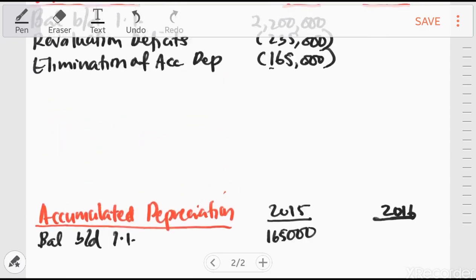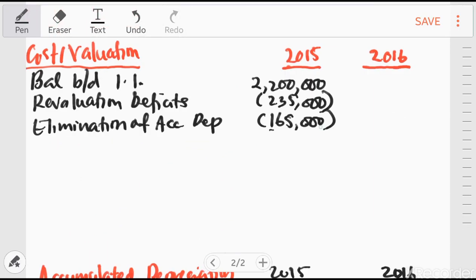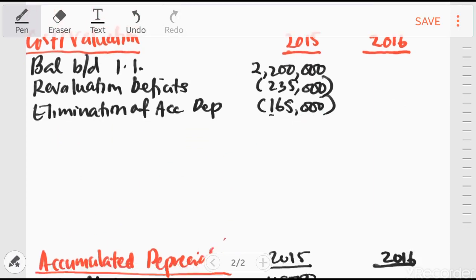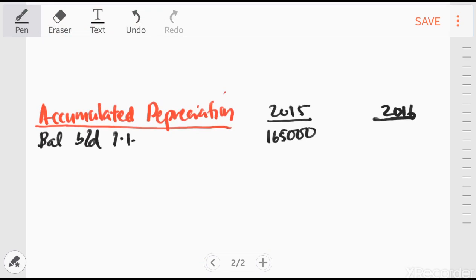And the one that we debit here, 165, must also be shown here, because we say debit accumulated depreciation, credit building.